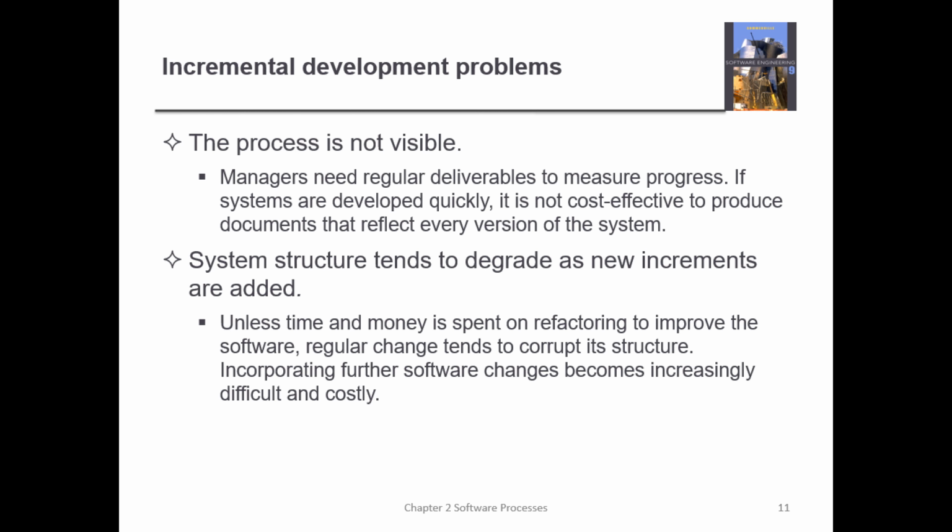Then, much as the incremental development model has benefits, it also suffers from some problems. The process is not visible. Most of the managers in an organization want visible processes. You may give regular deliverables, but it's not easy to measure those deliverables because these versions had only a few functionalities.